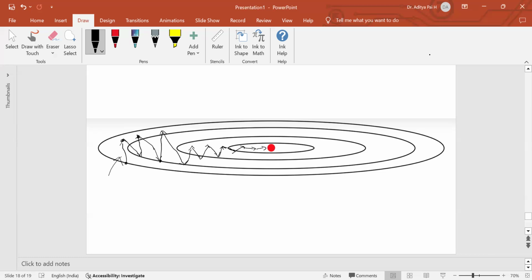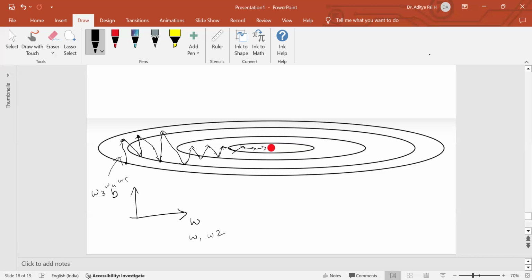So let's consider the vertical axis, somewhat like this, and this is the horizontal axis, and let's name this as W and this as B. I'm giving some notation for horizontal as W and vertical as B, but in practicality it will be something like W1, W2, and W3, W4.